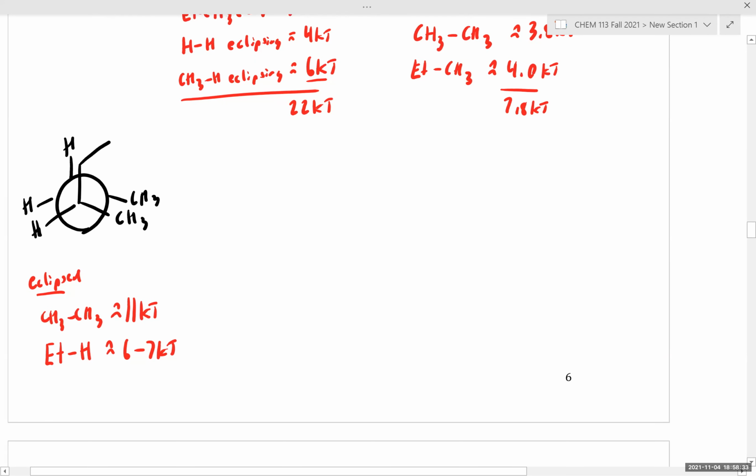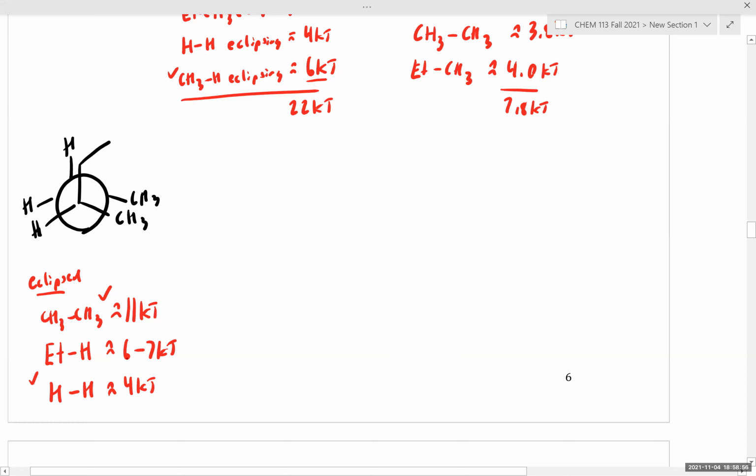Perfect. Okay, and what about a hydrogen-hydrogen eclipsing interaction? What would that look like? That's 4 kilojoules. Yep, exactly. Like methyl hydrogen, you'd need to have exactly. Ethyl hydrogen, it's a range because there's a little bit of estimation involved.